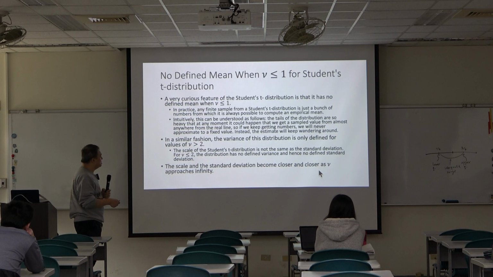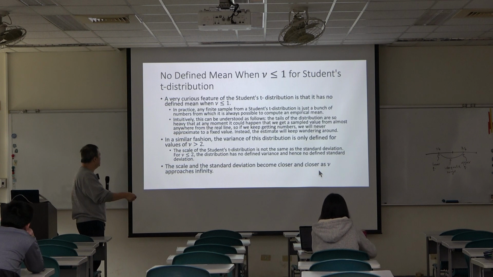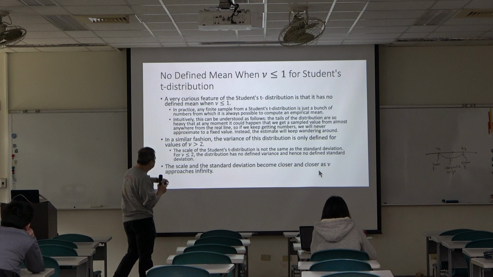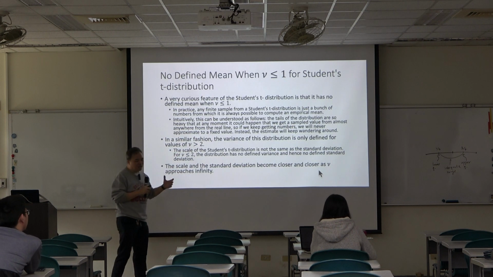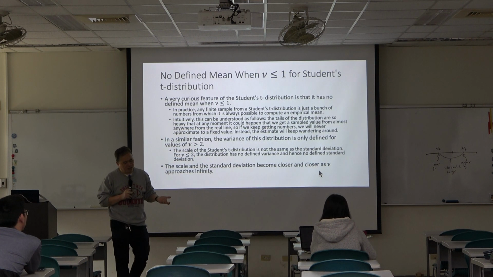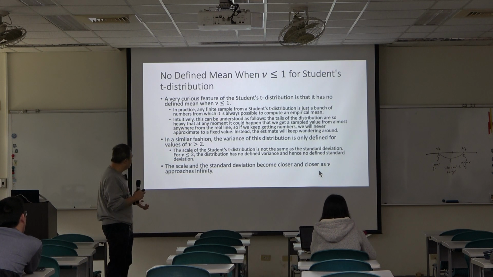In a similar fashion, the variance of this distribution is only defined for values of V greater than 2. If V is smaller or equal to 2, there's no defined variance, so no defined standard deviation. So these are some special constraints for the student t distribution.